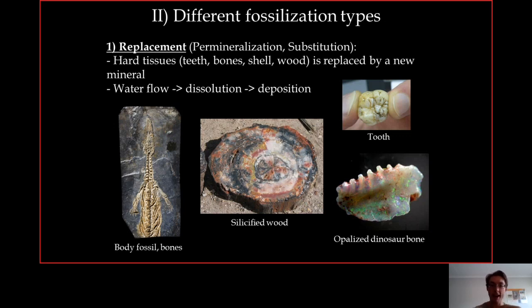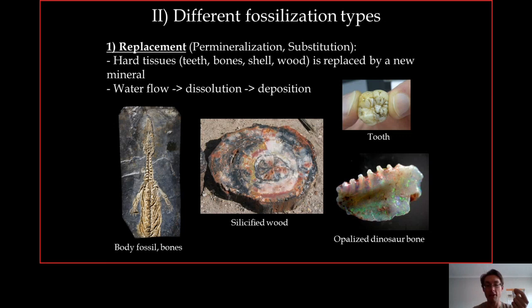So you have the hard tissue of your organism. That can be teeth, that can be bone, can be shell, can be wood. So that's the example you can see there. It can be a tooth, bone, shell, or wood, and it will be replaced by a new mineral.